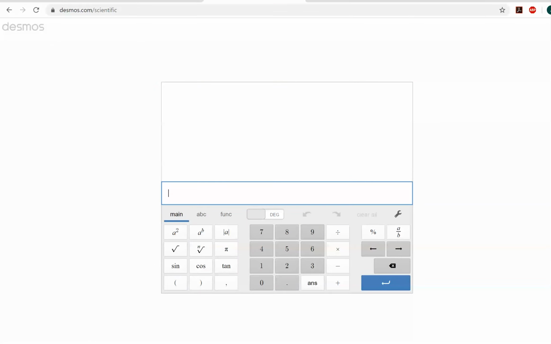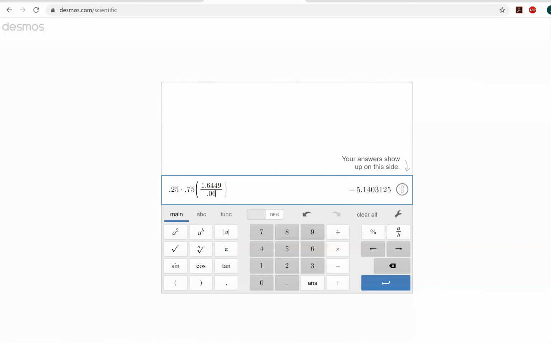So your proportion 0.25 times 0.75, and you can start parentheses, and you'll have a 1.6449 divided by 0.06, and then close those parentheses and just make sure the square is on the outside of those parentheses there. So I just close the parentheses and then hit the square button, and that's 140.9217.